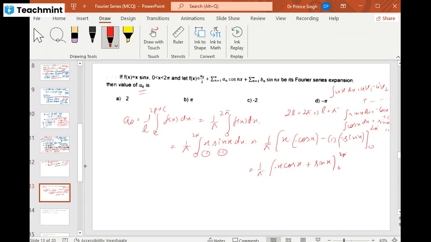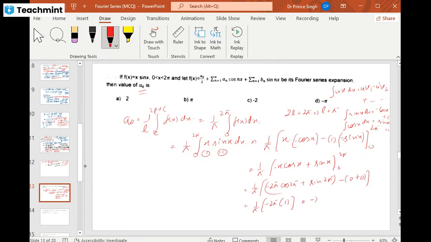Now if we put upper limit and lower limit, 2 pi: cos 2 pi, sine 2 pi, and when we substitute 0, 0 into cos 0 is 0, and sine 0 is also 0. So this is 1 upon pi, minus 2 pi, and cos of even multiple of pi, its value is 1.